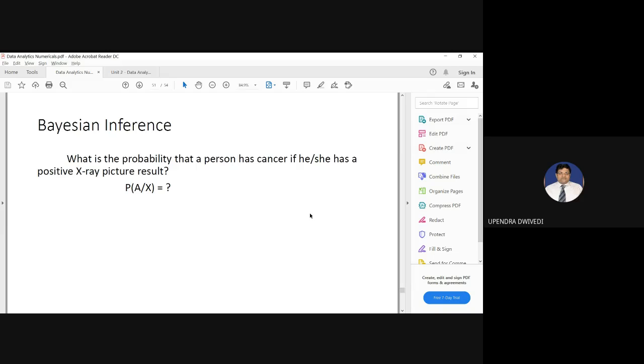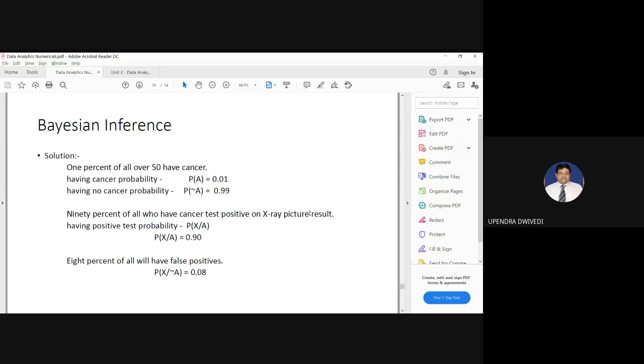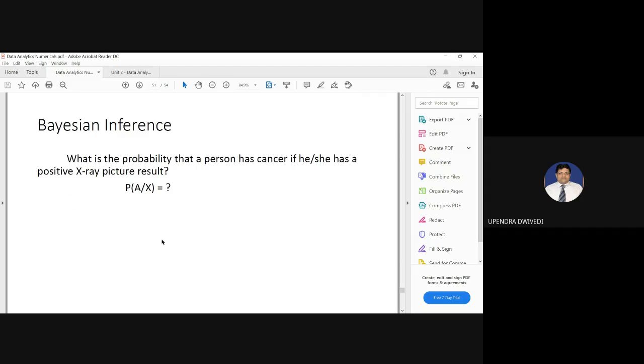So getting a positive X-ray result doesn't mean that the person will have cancer, because in the previous statements you can see that 90% of tests are true positive and 8% of tests are false positive. So there is not 100% accuracy with the test. So we have to find the probability that after the X-ray the person is suffering from cancer or not.